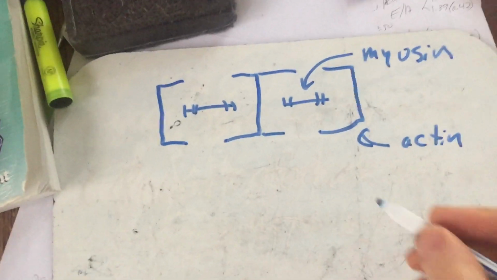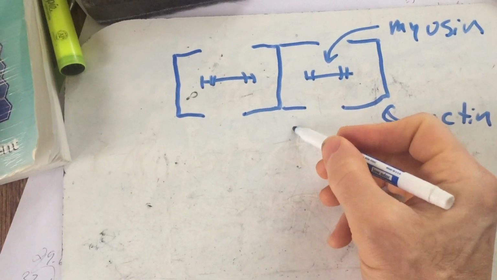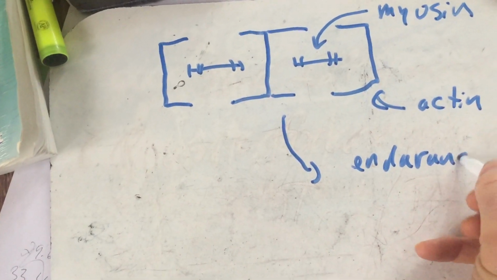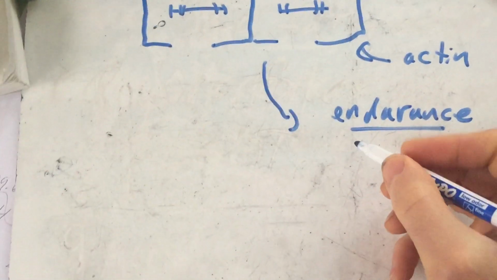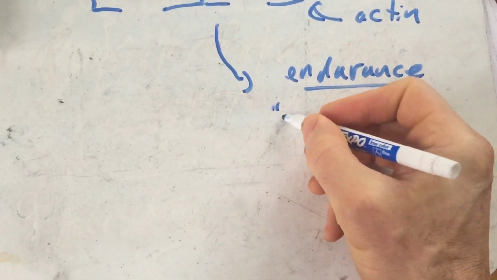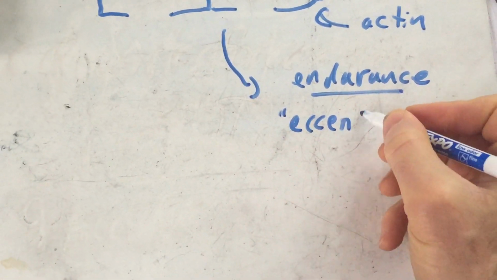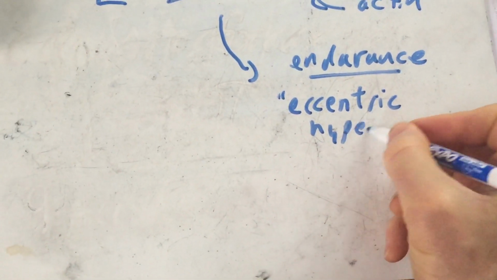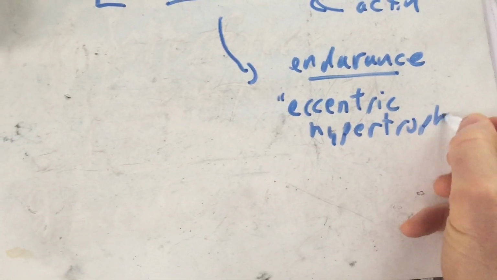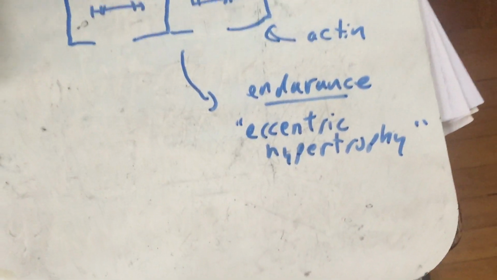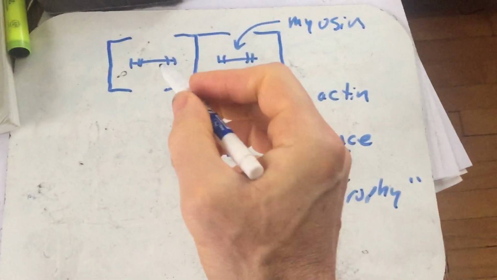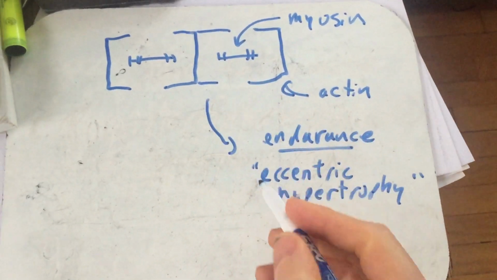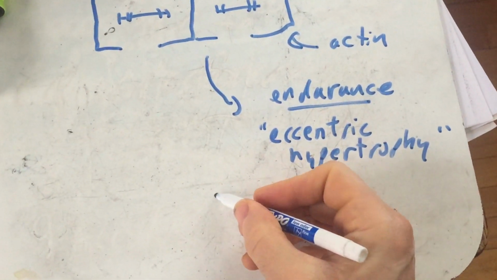So with endurance training, you get what's called an eccentric overload, or eccentric hypertrophy, and this is from that volume overload. With eccentric hypertrophy, you're going to get an increase in sarcomeres, but they're going to be increased end to end.